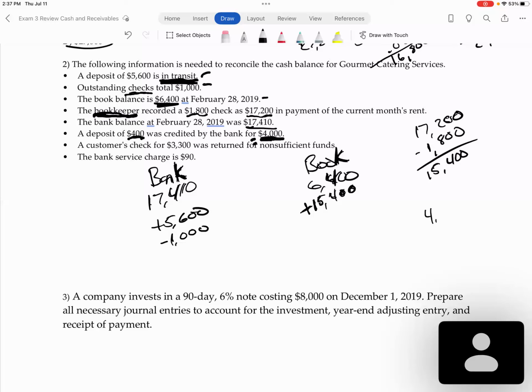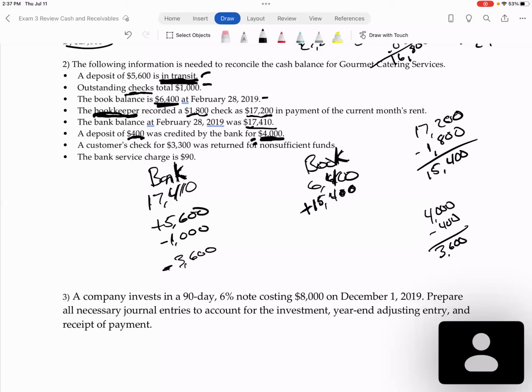So go 4,000, 400, 3,600 is the difference. And the bank made the error, so we need to make the adjustment over here, the bank, and they recorded way too much, so we need to subtract $3,600.